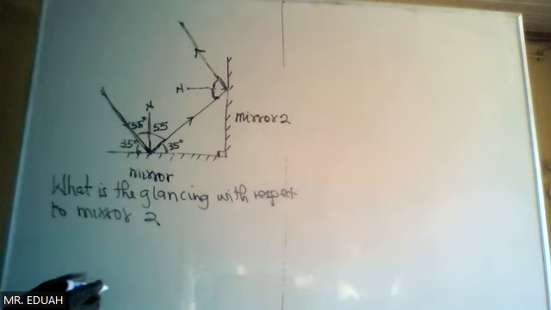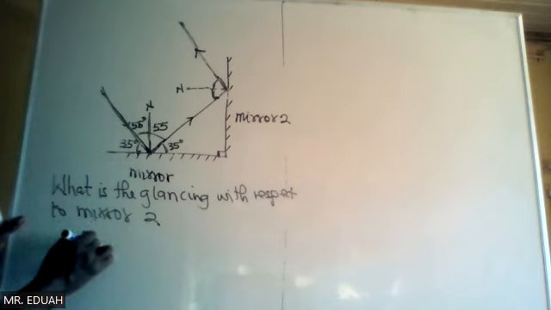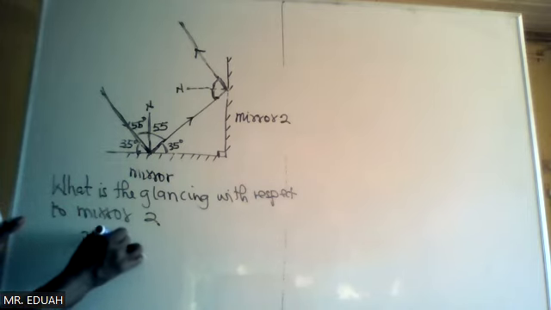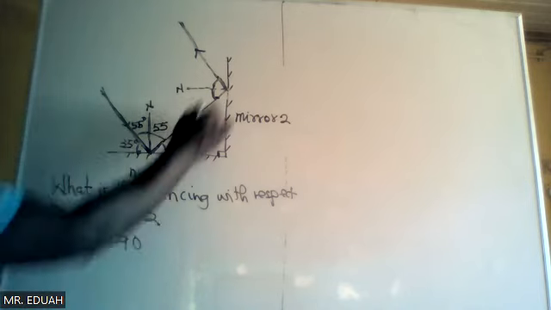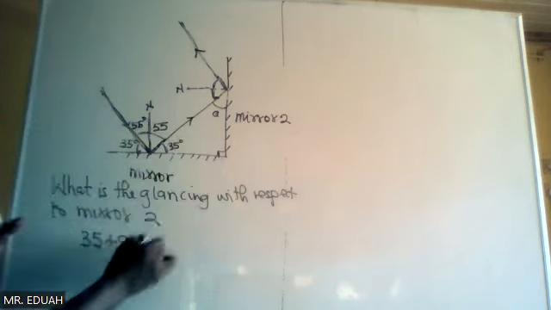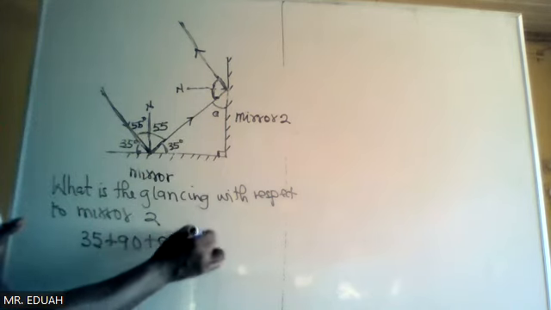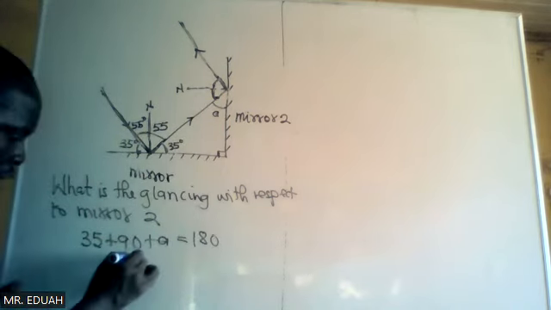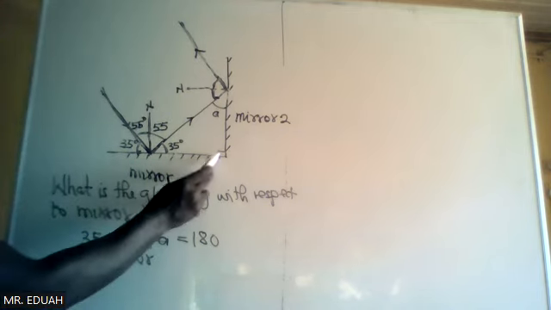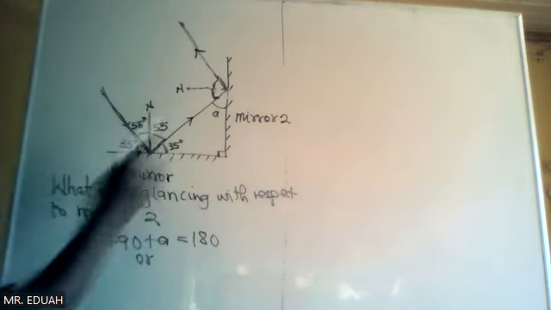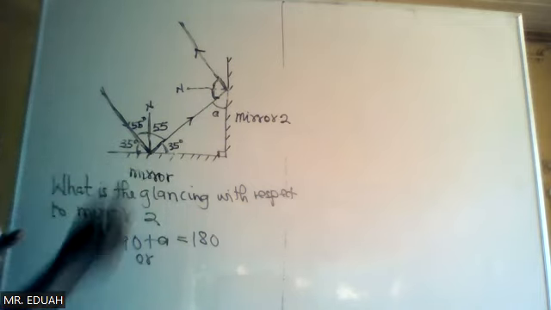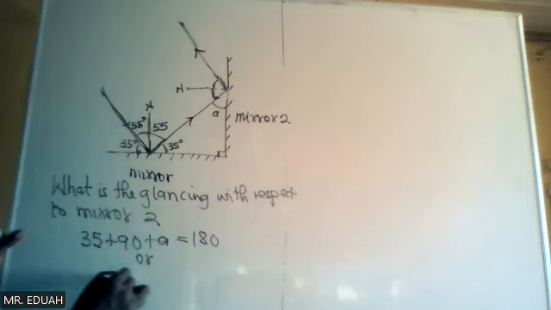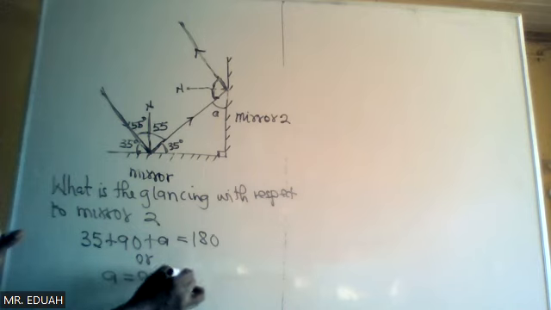Okay, so this is also 35 plus 90 plus the unknown, assuming it is A, is equal to 180. Or once this is 90, it means this plus this must also be 90. So when I subtract this from 90, I get this. So A is equal to 90 minus 35.